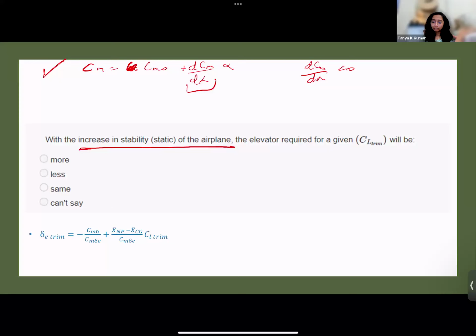So when I say there is an increase in static stability of the airplane, dCM upon d alpha, what happens to the value? Does it increase, decrease? What is the nature of CM alpha? Increase in stability, what happens to CM alpha?